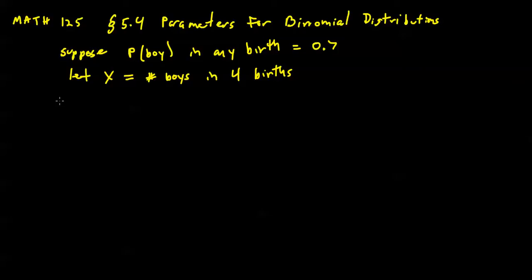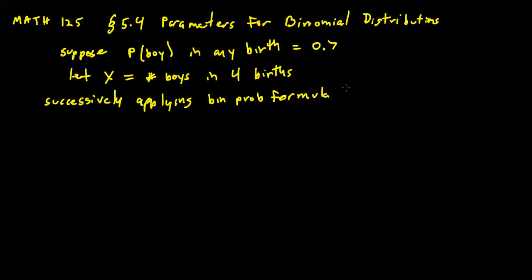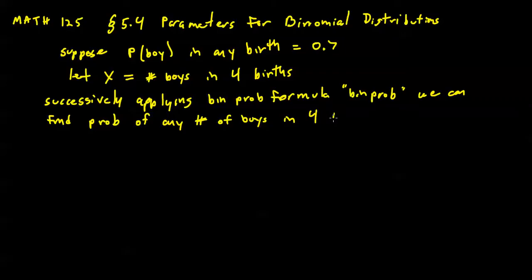Alright? Successively applying our binomial probability formula, which on our calculator is the Binomial operator, we can find the probability of any number of boys in these 4 births.